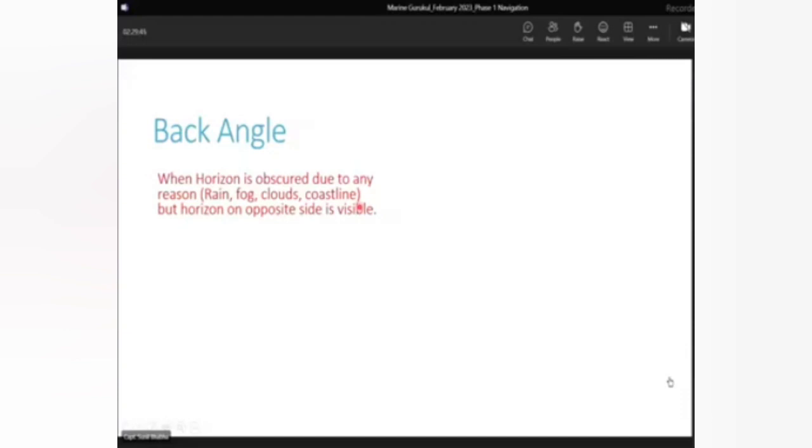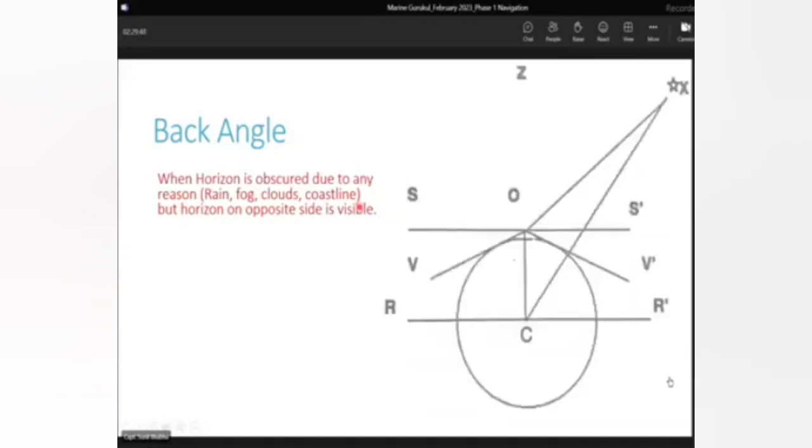Now how is it done? Let us try to understand using a diagram. You see this diagram now. We have the earth in the diagram. Then we have the center of the earth at this particular place.